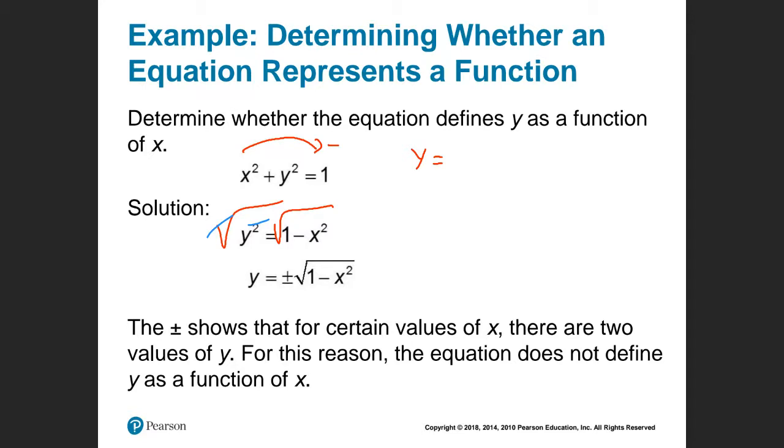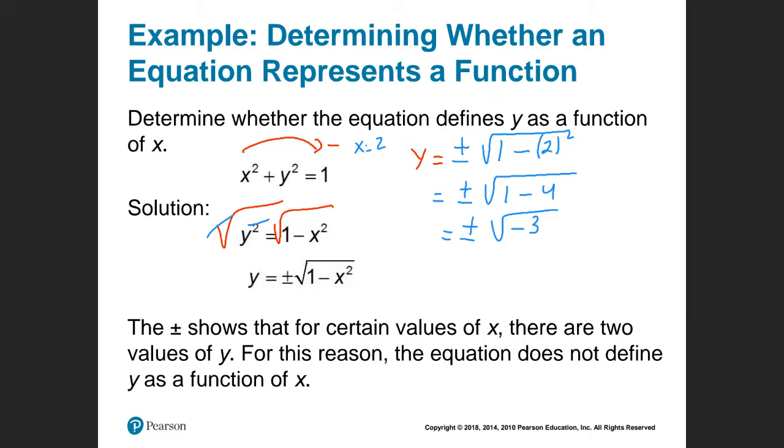Let's try changing x. Put x equal to 2. So just put it over here, 2 squared. The answer becomes plus or minus the square root of 1 minus 4, which is plus or minus the square root of negative 3.